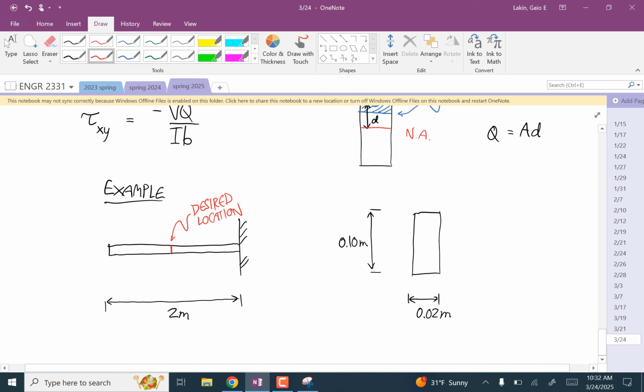The neutral axis goes through the centroid, and we want to calculate the stress at this line that's a midpoint between the top and the neutral axis. So we want the stress along this line.